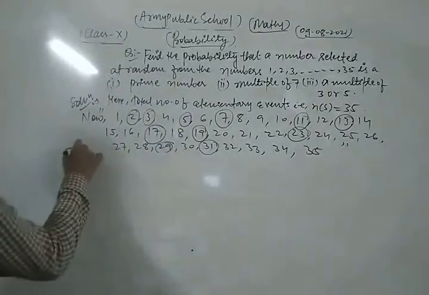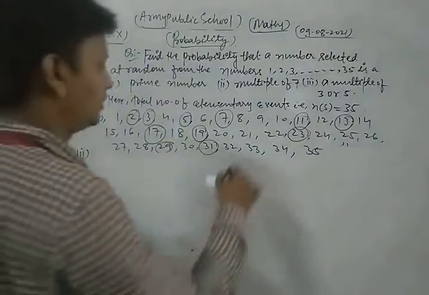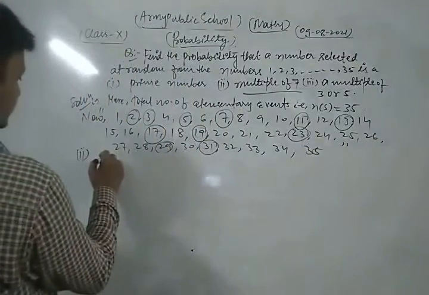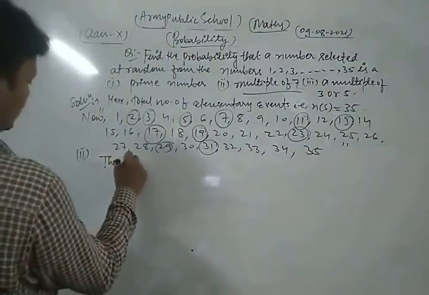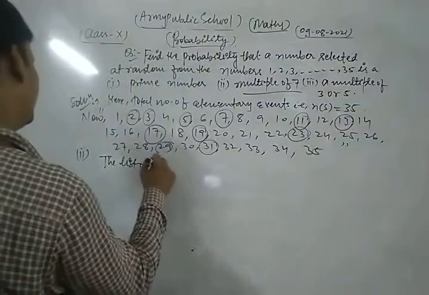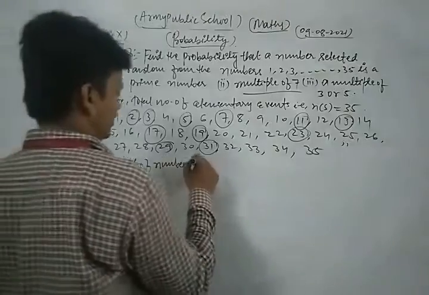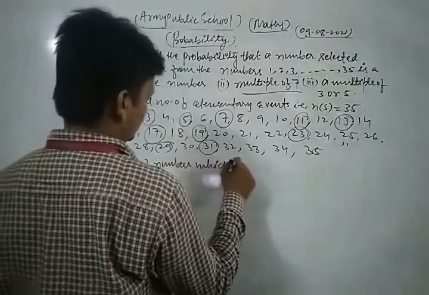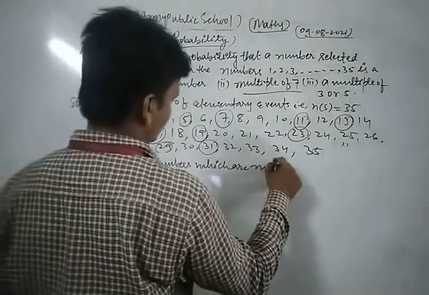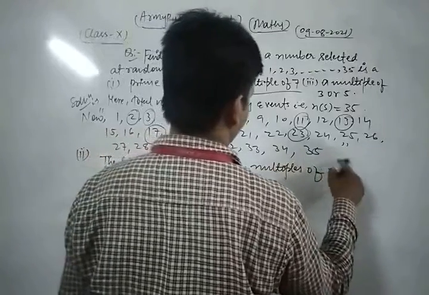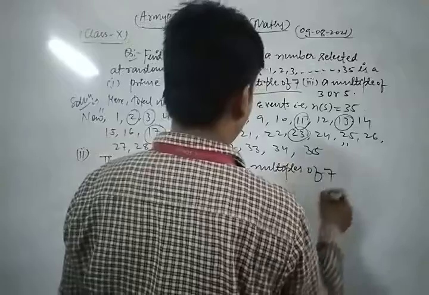Second part of this question, we find the probability that the numbers are multiples of 7. So the list of numbers which are multiples of 7 is what?